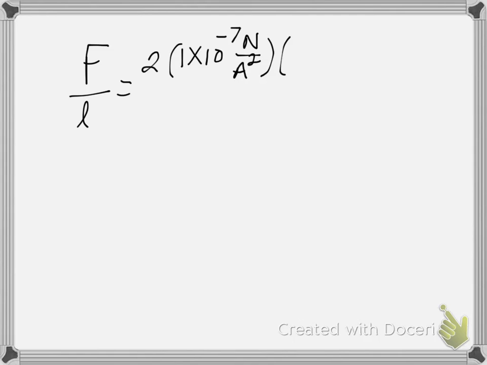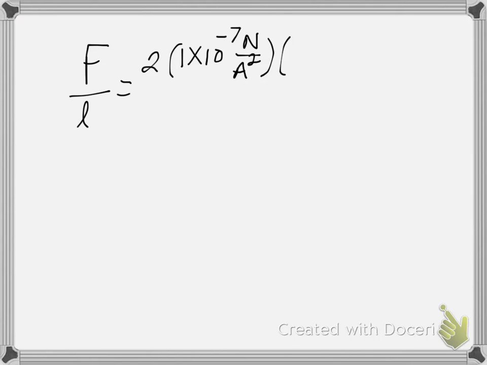So remember that the force per unit length, F over L, is equal to 2, and that funny constant K prime, which is equal to 1 times 10 to the negative 7th newtons per square amps. That's the units on that funny constant K prime, which serves the same purpose as Coulomb's constant does, but it's not the same as Coulomb's constant.